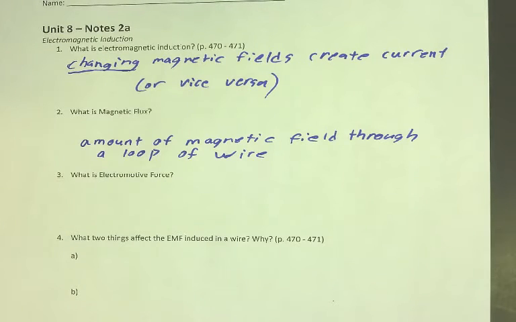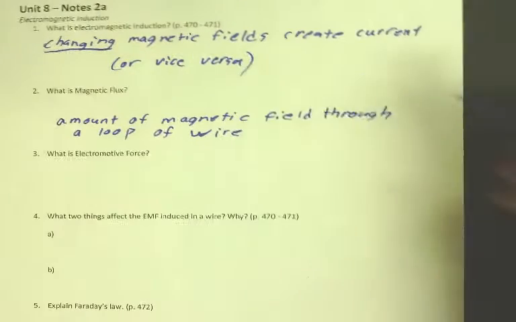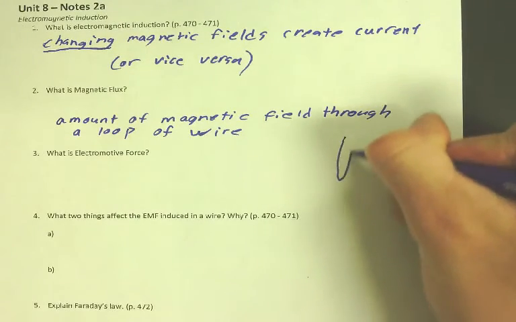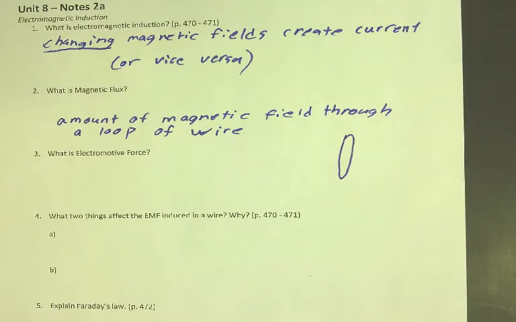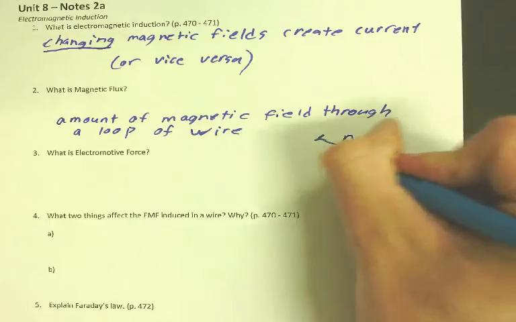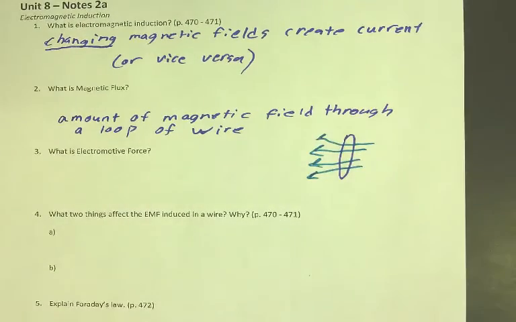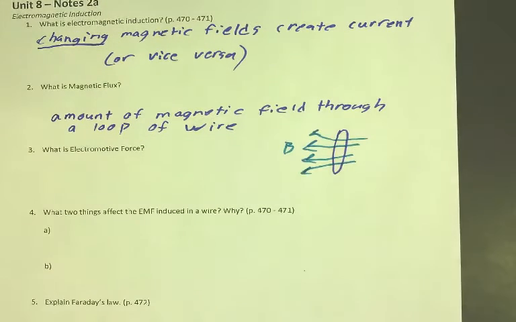What I mean is how much field goes through my wire. So if I have my loop of wire here, I said I wasn't going to draw it, I'm going to do it anyway. Okay? If I have my loop of wire, it's how much field travels through. Okay? That's what I'm looking at. So magnetic flux is just a fancy word for how much magnetic field goes through a loop of wire.